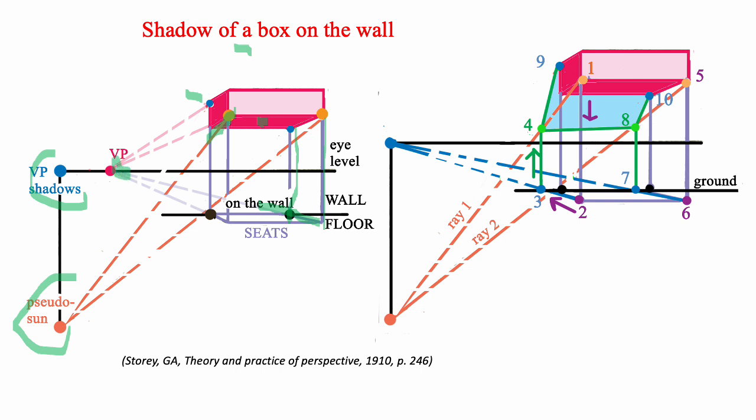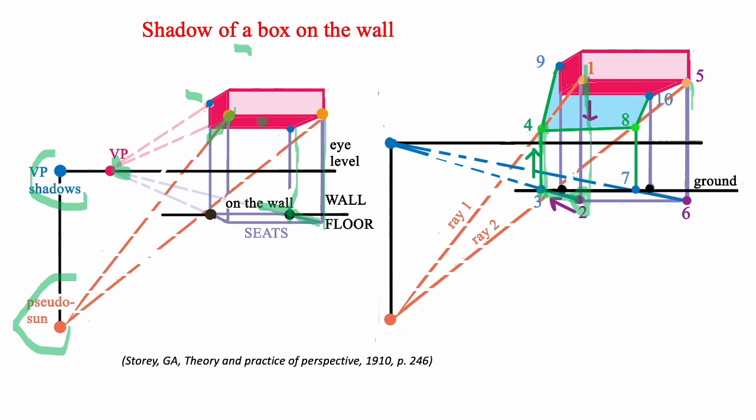Then, to find the seats, the shadow line, we start here with number 1 and go down to the base of its seat, which is number 2. Then it goes toward the shadow vanishing point here, number 3, until it hits the wall. Then it goes up to number 4, and when it intersects the light at number 4, that's a point on the shadow.